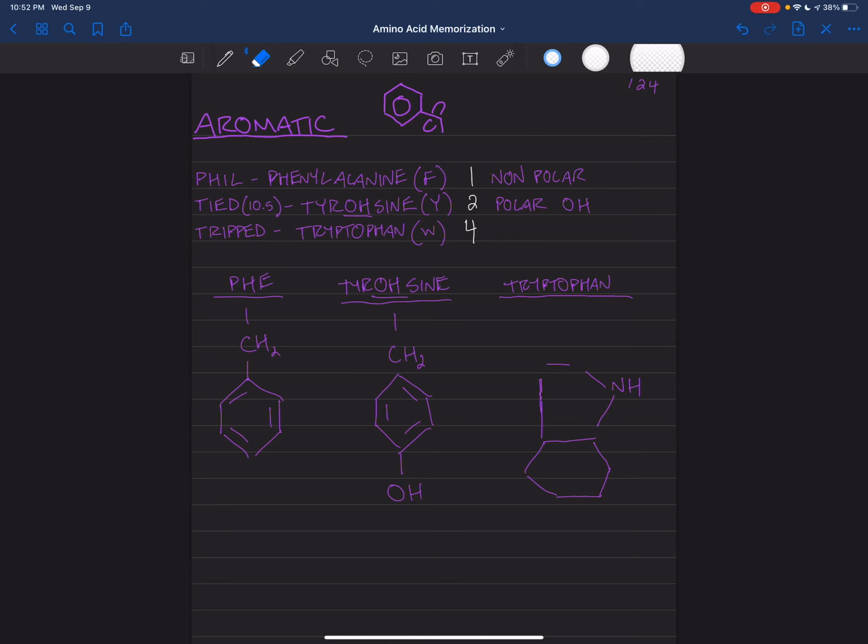Now we need 4 pieces of tryptophan. Now, the bonds here, we are going to have a double bond here, double bond here, there, and there. Okay. I believe this is a C. I'm going to have a carbon here. I have to cheat because I did not remember this one. And a CH2 here.